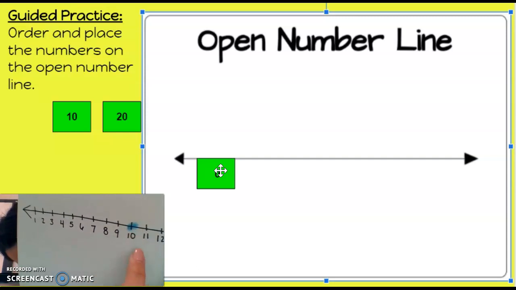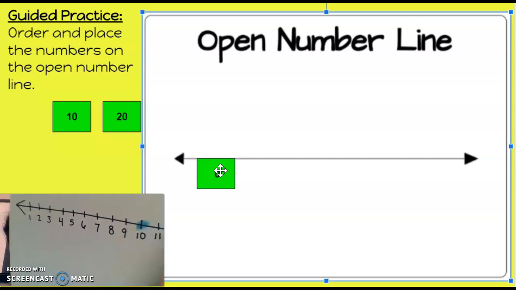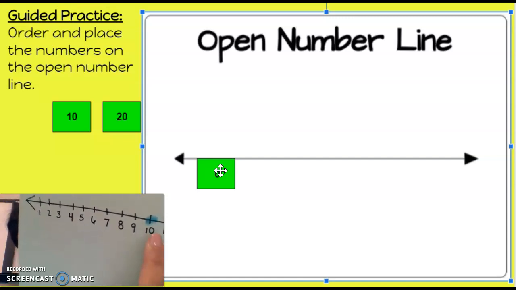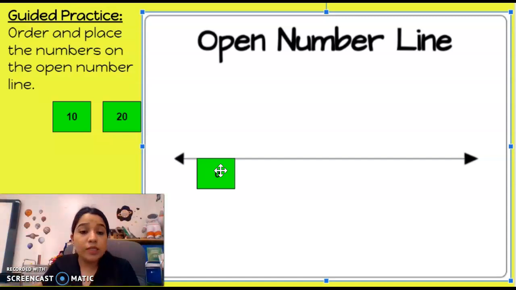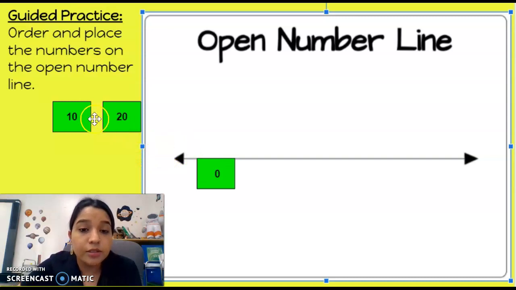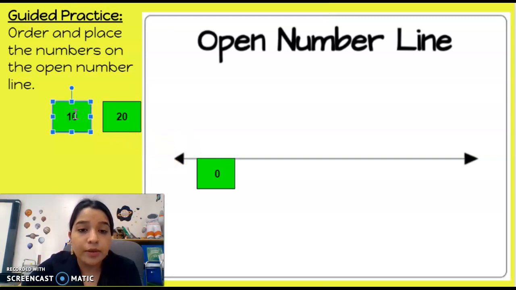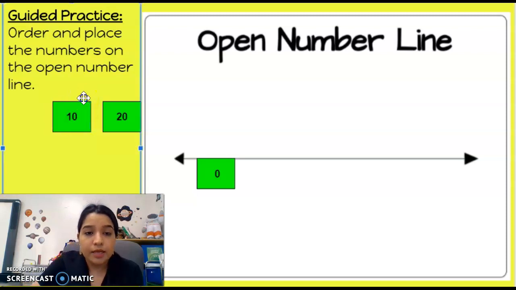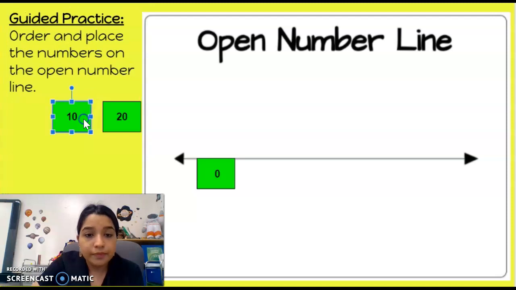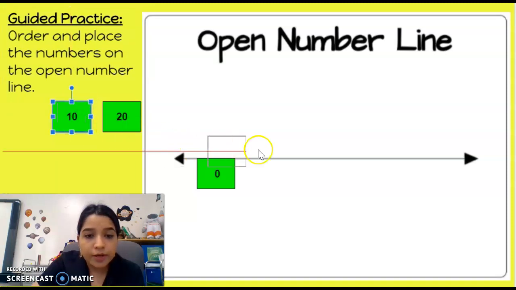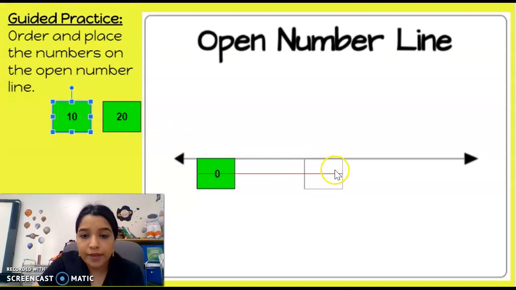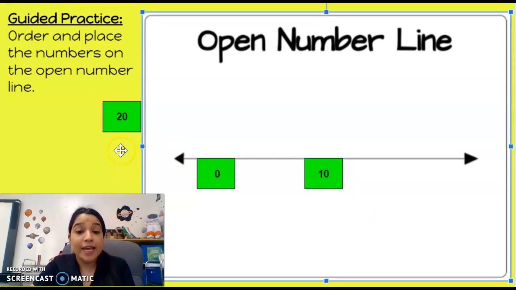What's right here? 10. So 10 comes next. I'm going to put 10 right in the middle, and move it. There we go.